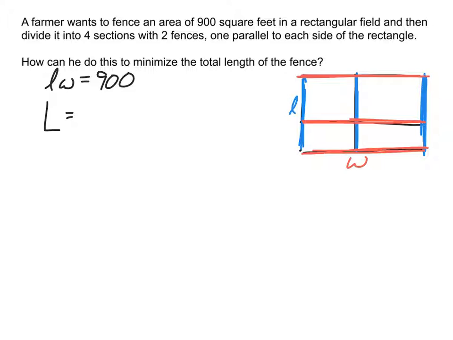So we got 3 of the L lengths, right? So that's going to be 3L plus the 3 W lengths. So that'd be 3W. And then that gives me my system of equations. Now that I have my system, go ahead and combine those 2 into a single equation.